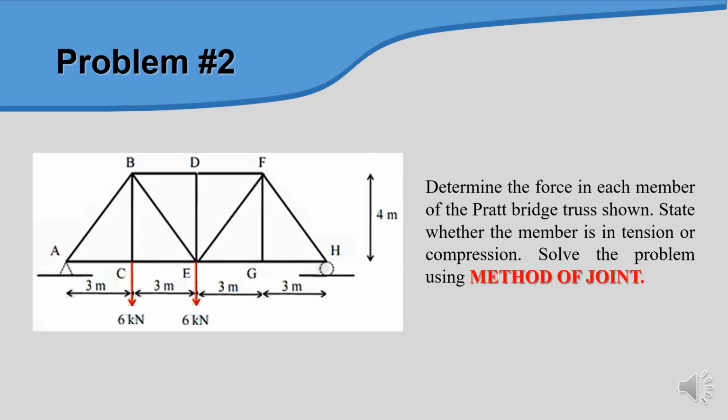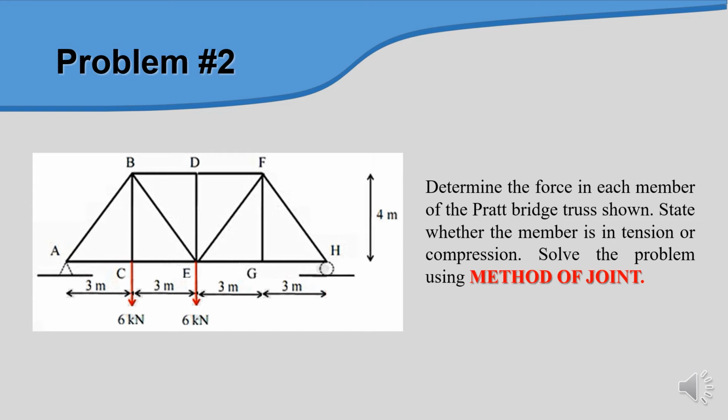If asked for the force at EG, or at CE, you need to start from point A, point B, point C, and finally you will obtain the value of EG. It is a tedious way to get the value.